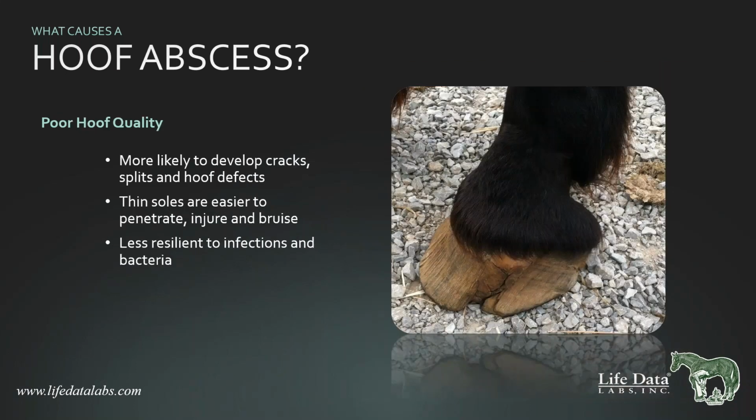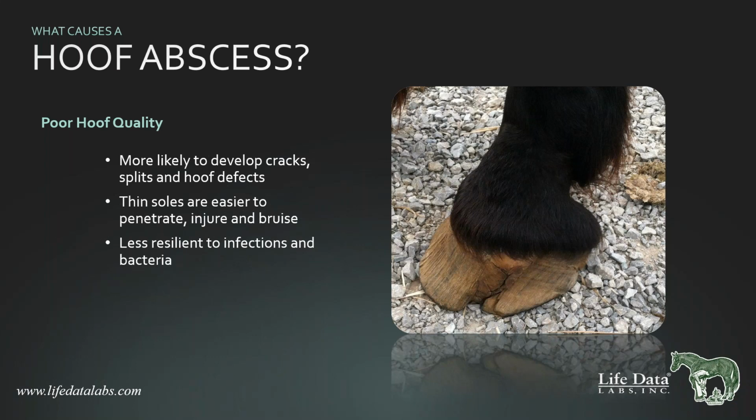And the last one we go into is poor hoof quality. When we think about poor hoof quality, again, we're going right back down to that ability to ward off the invasion, because the horse is dealing with, examples would be your thin-soled horses that would be prone to bruising because they don't have nearly the protection on the bottom of their feet that they would need to be working horses and to do their work and to defer the environment, such as the stones you see there in your photograph.